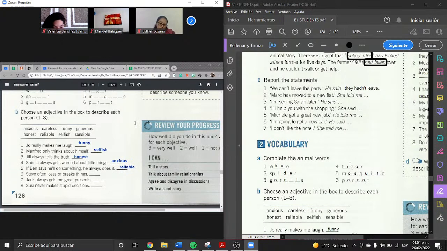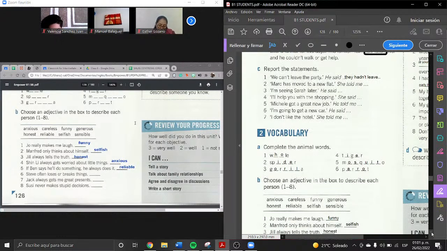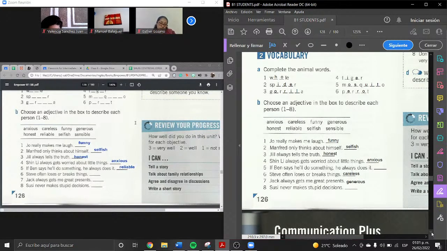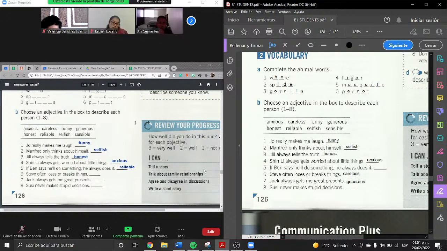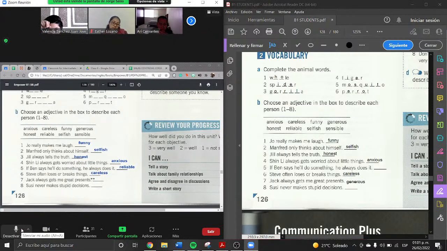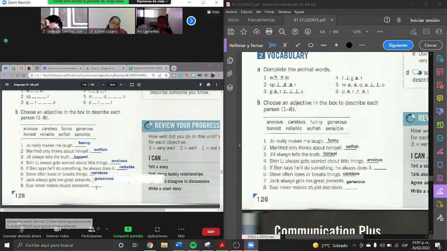Steve often loses or breaks things. Sensible? Careless. The opposite of careful. Often loses or breaks things. Careless. Jack always gets me great presents. Generous. Never makes a stupid decision.